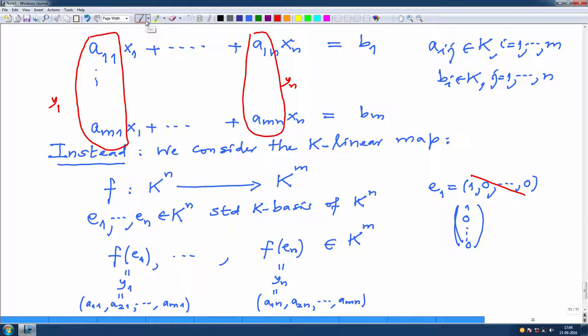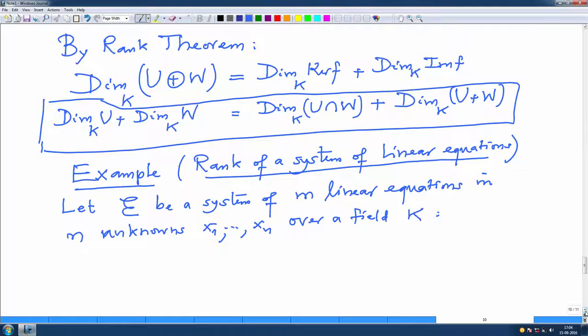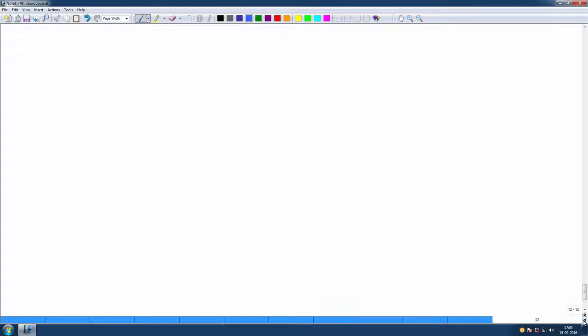Then what do you do with this? Then what are we looking for? Let us write down what we are looking for. We are looking for solutions. We are looking for tuples. Which tuples?